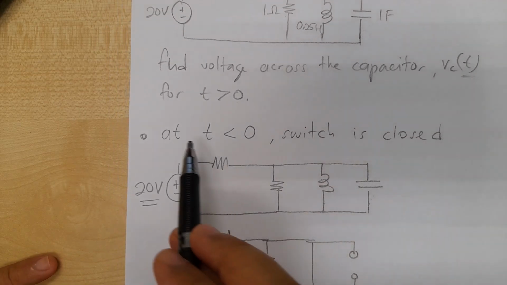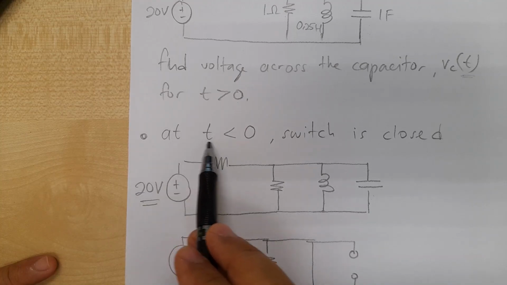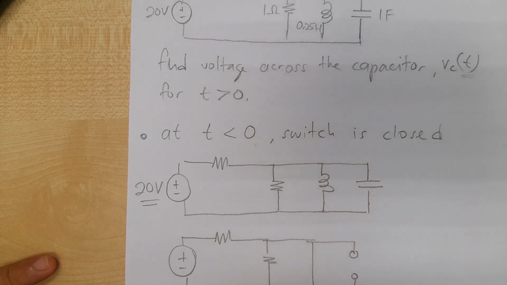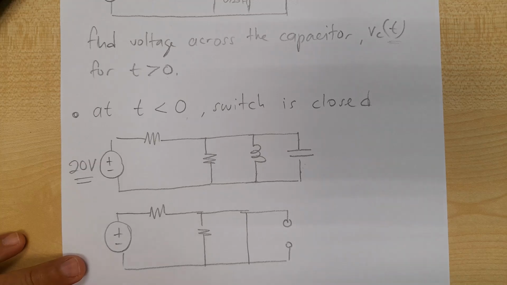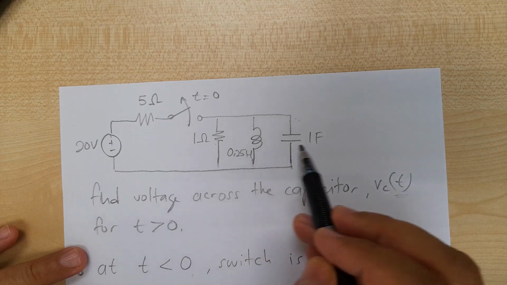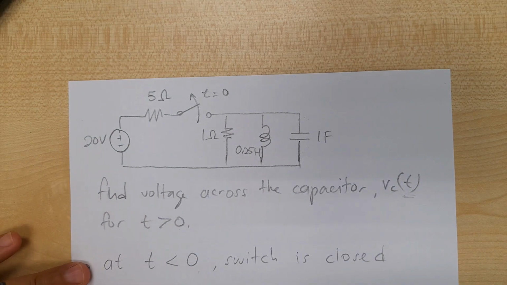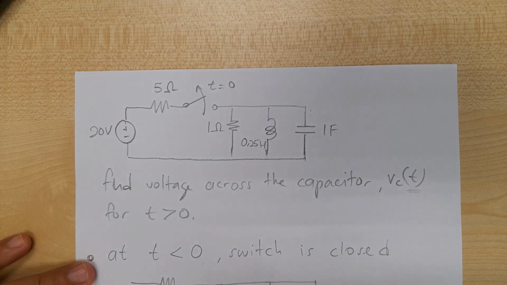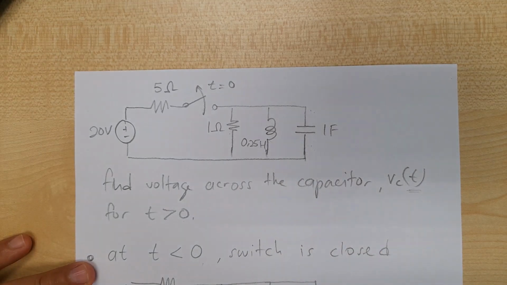So the reason why we need to analyze when t is less than 0, when the switch is closed, is because we need to find the initial condition for the inductor and the capacitor. As we have learned in the previous videos on the Laplace transform circuit analysis, the inductor and capacitor have their own initial condition.